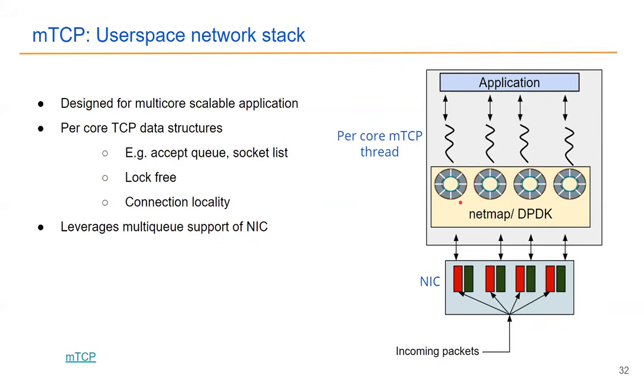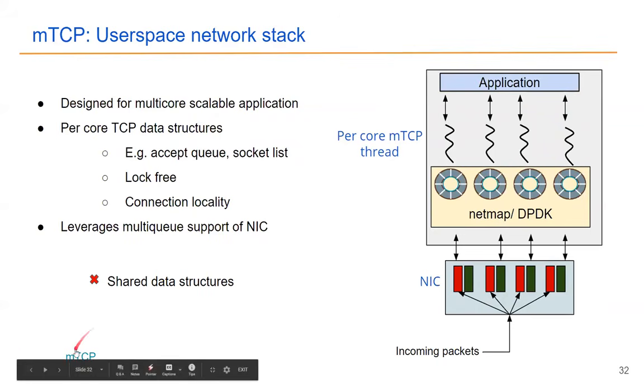The data structures such as accept queue, socket list, etc. are per core local to have lock-free access. Thus, this avoids the shared data structure overheads. In fact, as the processing is done on a single core, all the data pertaining to a connection can be locally maintained on a core. For further details on mTCP, its APIs and performance, you can look up the research paper on mTCP.